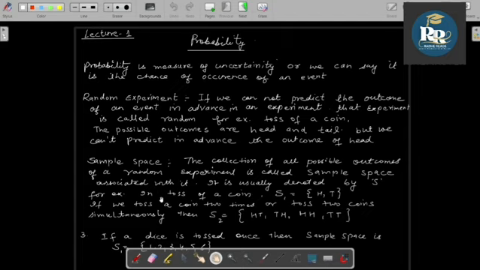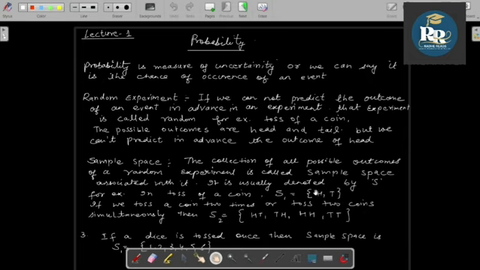For example, if I have the experiment of tossing a coin, then possible outcomes are head and tail. Okay, so I can list them and put them in curly brackets. This is set notation. If you are from a mathematics background, you know what set notation is. In set notation, we list the elements in curly bracket form.